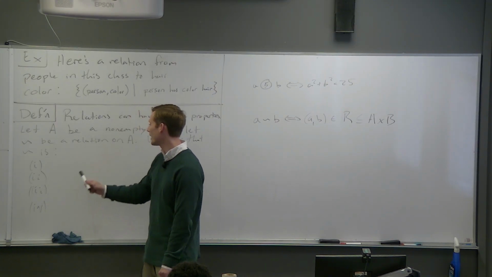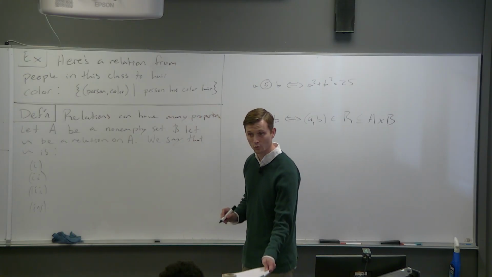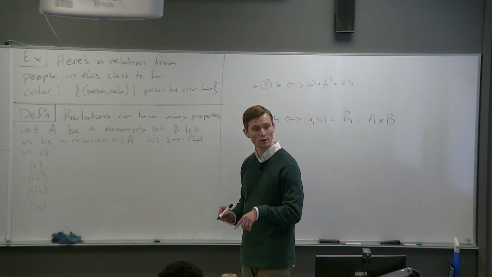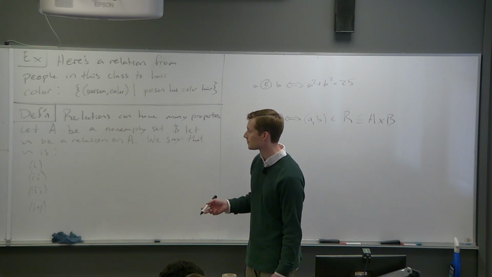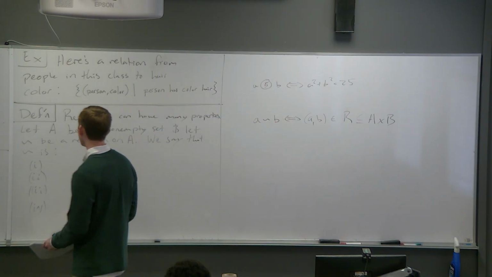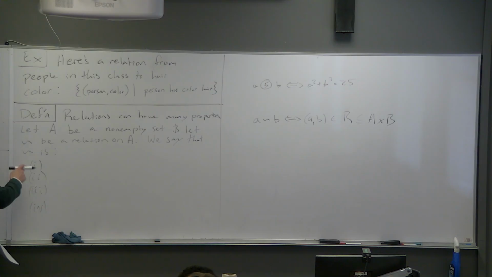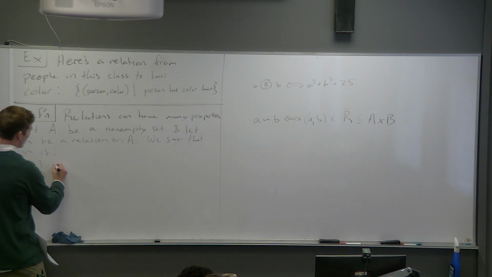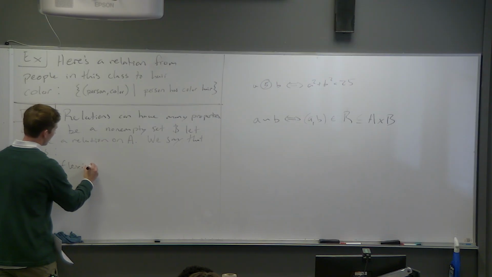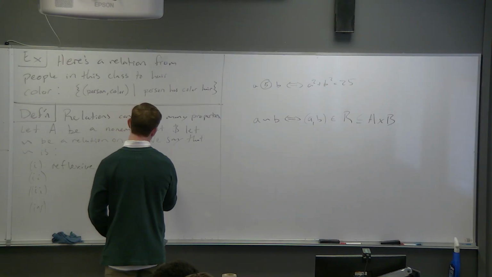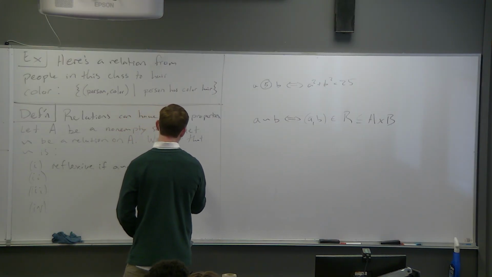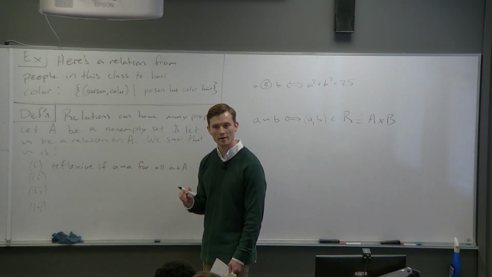Now, I'm doing this for just one set, a relation from a set to itself, which is pretty reasonable. We encounter those a whole lot. Here are a few properties. We'll say that this little squiggle is reflexive if A is related to A for all A in A. Okay.